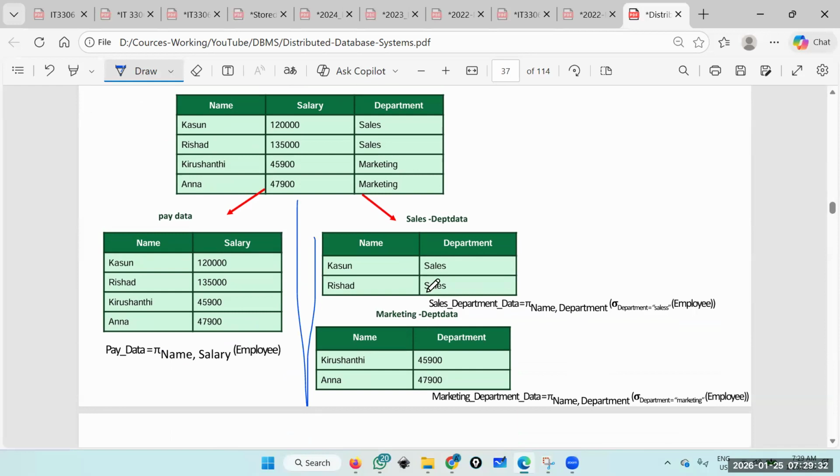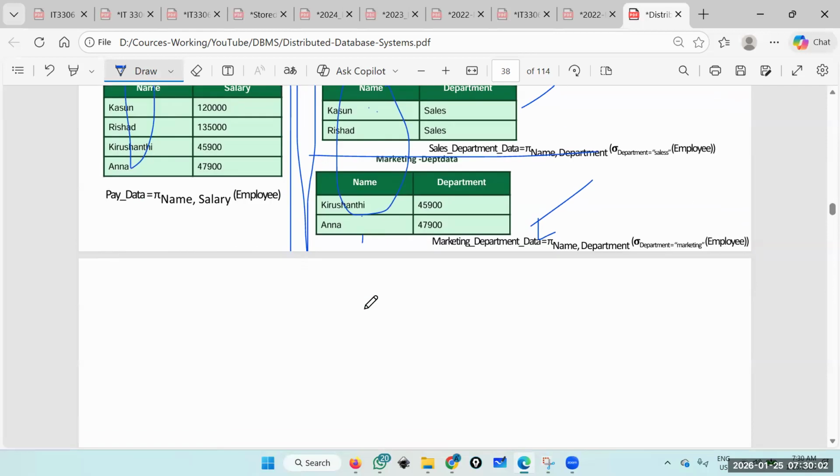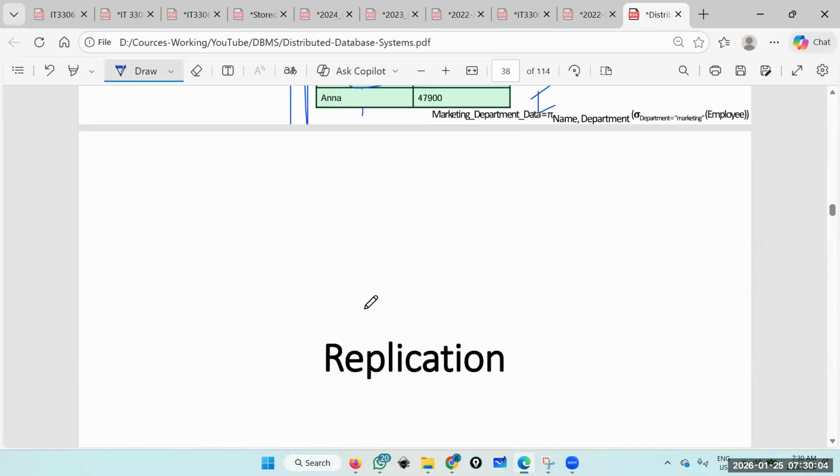Therefore, it's overall vertical, but at the same time, there's horizontal fragmentation. Some records go into the site sales, some records go into the site marketing. So first vertical, and then this vertical fragment is further horizontally fragmented. But here you need to have the primary key, and here you must have an overlapping. Right, so that is fragmentation.